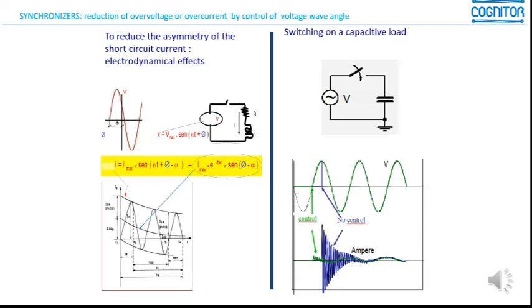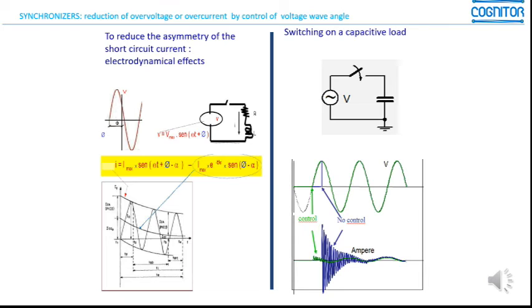And this is something to remember, because the higher the asymmetry of a current that is closing a short circuit, the higher the crest value, and the higher the electrodynamical effects that will occur in the circuit. The forces that will act will be much higher if the current is asymmetrical, as in this figure. Then, when we can control that angle of closing, you can produce a less severe consequence for the circuit.